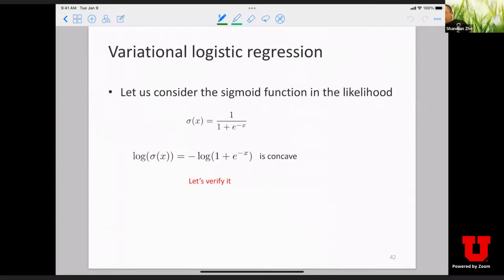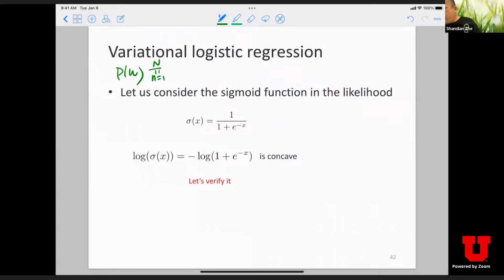Okay. Now we're going to apply this local variational inference approach to the Bayesian logistic regression model. If you could recall, our Bayesian logistic regression model is something like this. I have a prior on my weight vector W, and suppose I have n binary labels.